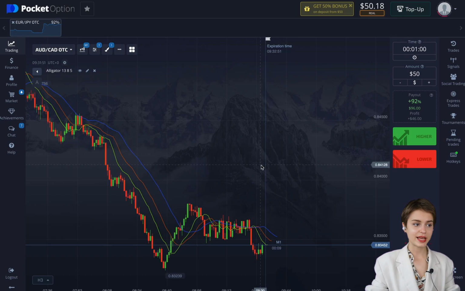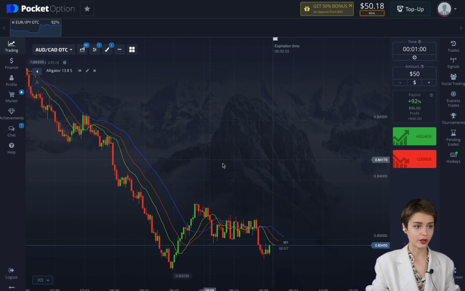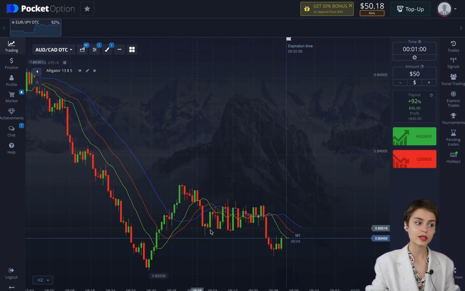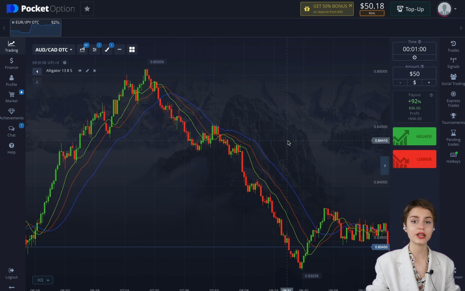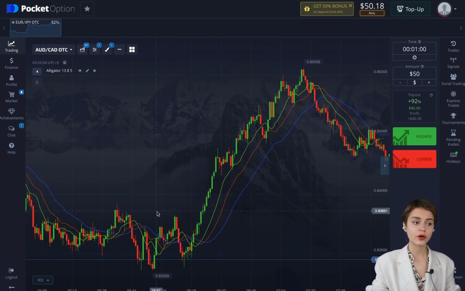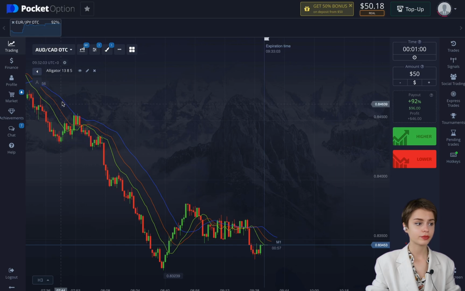Then we need to understand which charts we do not use. For example, if we see that right here is a sideways motion, we must have a clear trend, either an upward one or a downward one. When the chart is moving only sideways, neither higher nor lower, we do not trade because there is no trend.